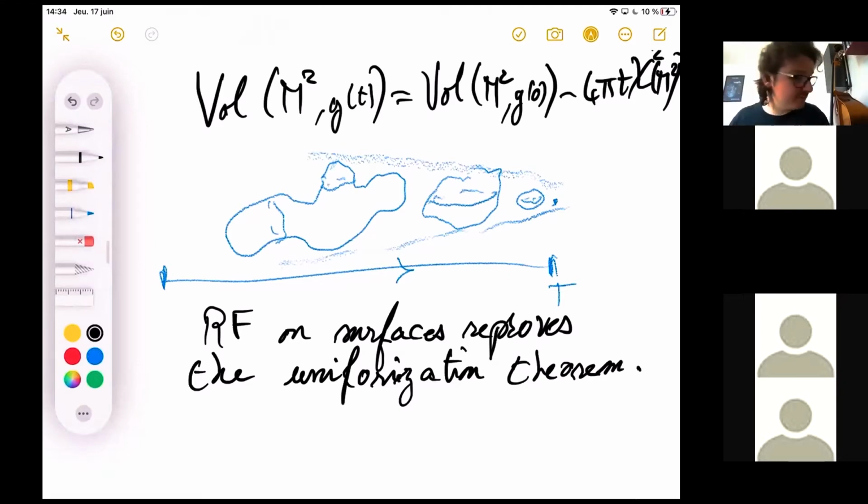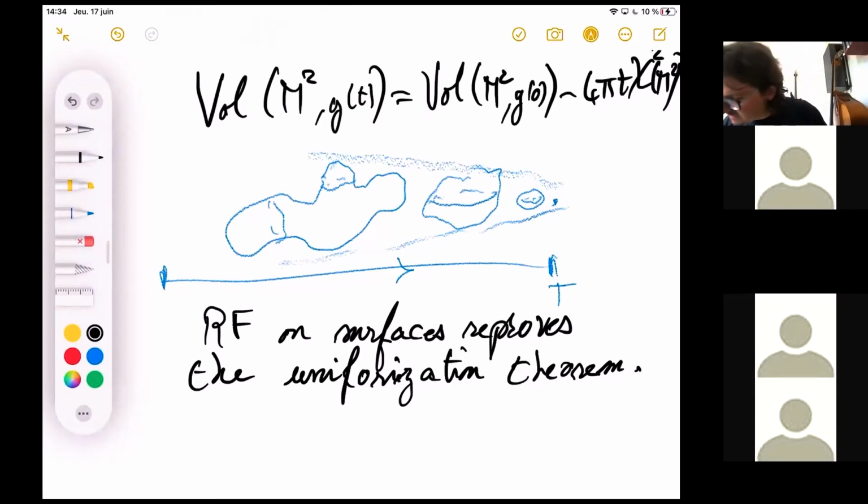It stays in the conformal class because of the structure of the Ricci curvature in dimension 2, which is very special. And it converges inside the conformal class, up to some scaling, to the metric of constant curvature.